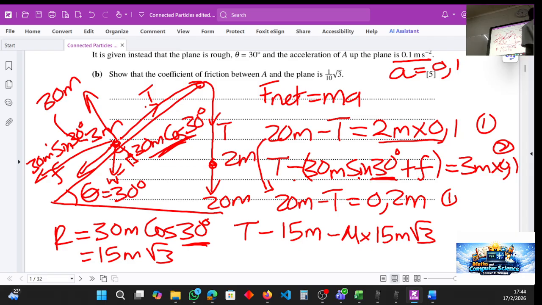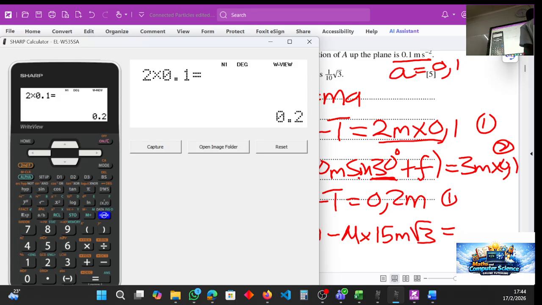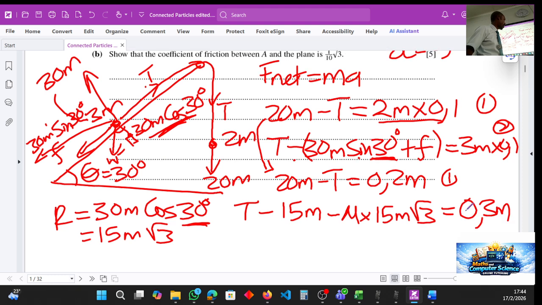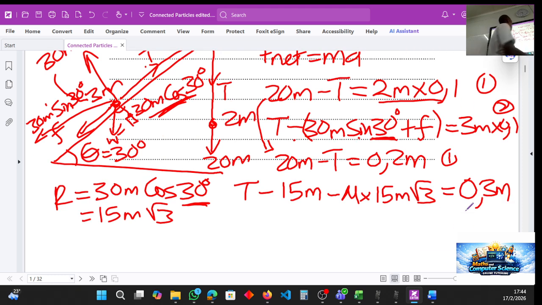We are saying this is equal to, in a similar scenario, 3m times 0.1. 3 times 0.1 gives the result 0.3. So this is equal to 0.3m.